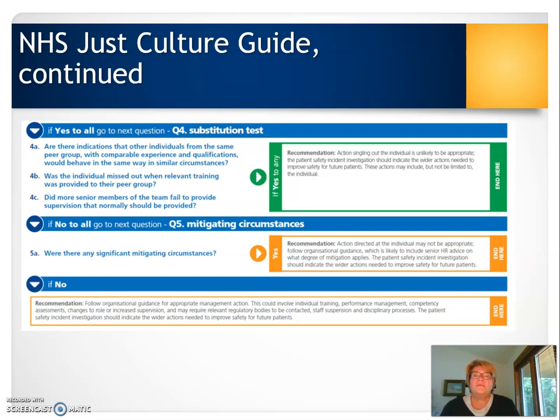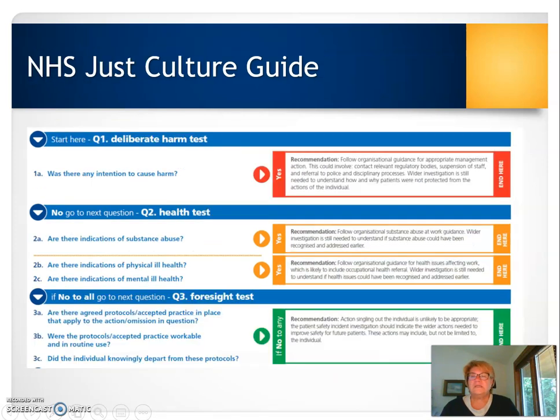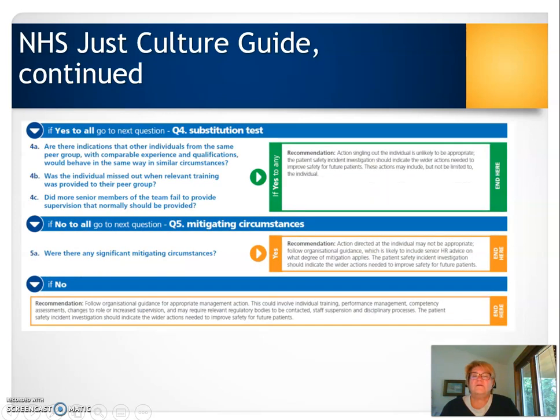So if you look at all of these things, when you get to 3, 4, and 5, it's usually pretty clearly a system issue. But again, a great document to walk through with colleagues on the floor.